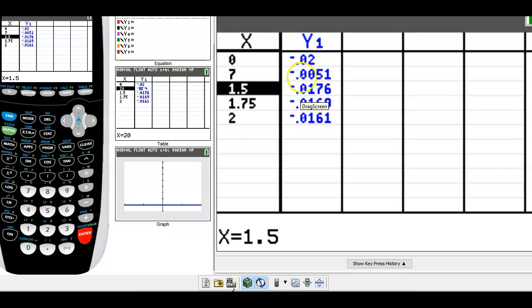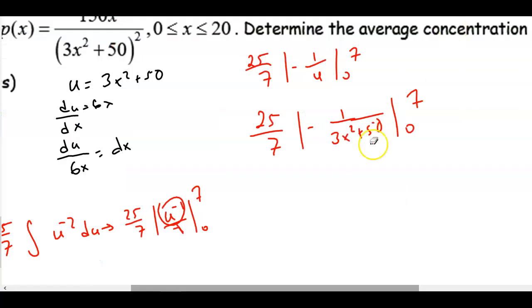This is our larger, -0.0051 minus -0.02. So back to this, 25 over 7. We have -0.0051 minus -0.02.